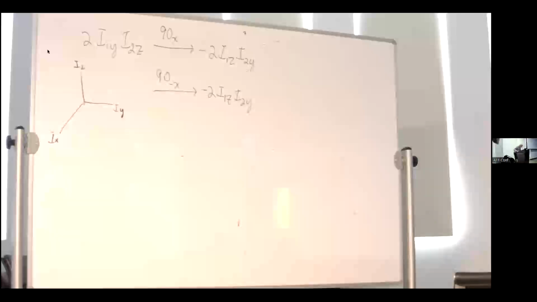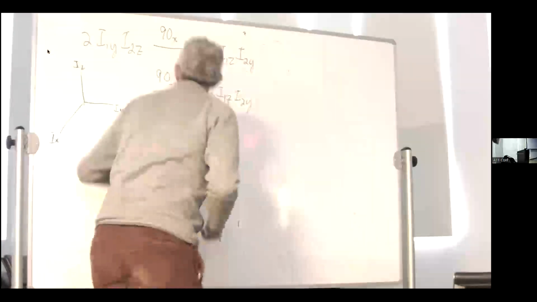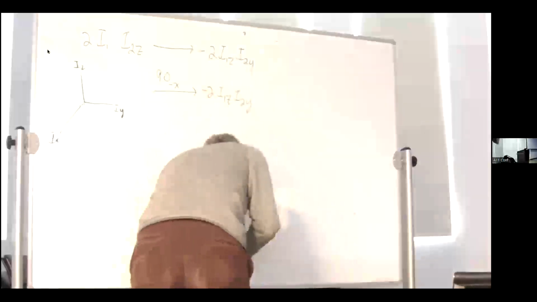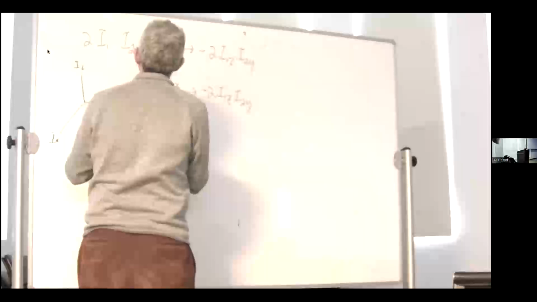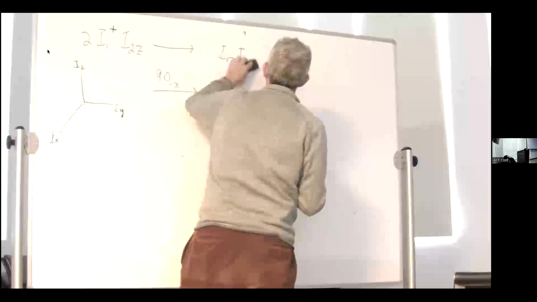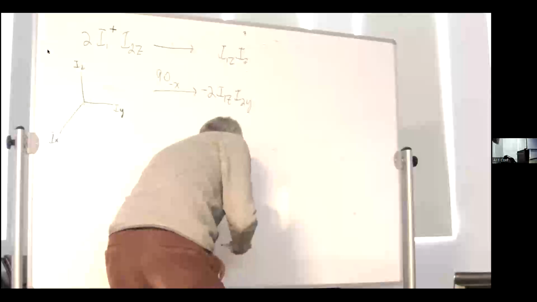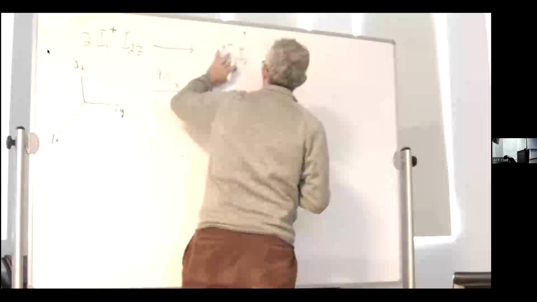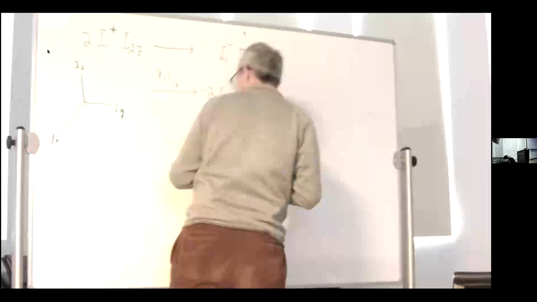Okay, well, let's work it out. So it's I1 plus I2Z. We want to take it to I1 minus I2Z.